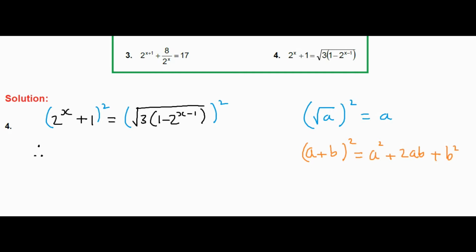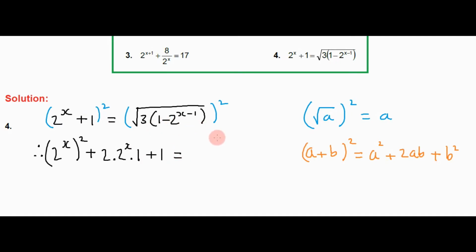We can apply this to the left hand side, so it's a first term squared, so 2 to the x all squared, plus twice the first term times the second term, then plus the second term squared, 1 squared, which is 1.